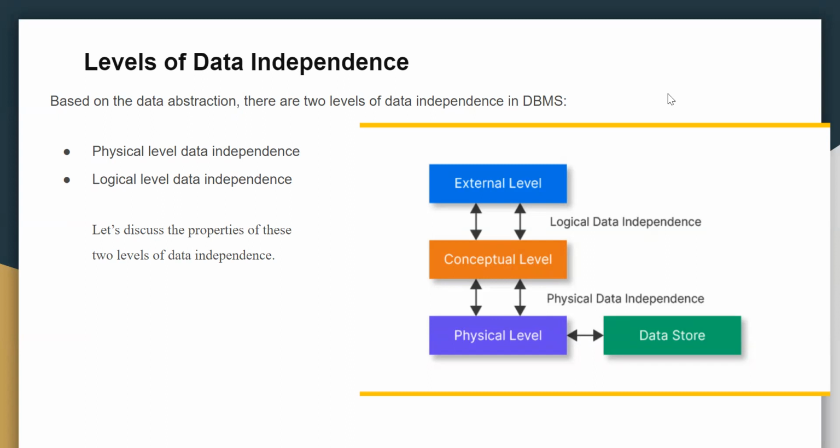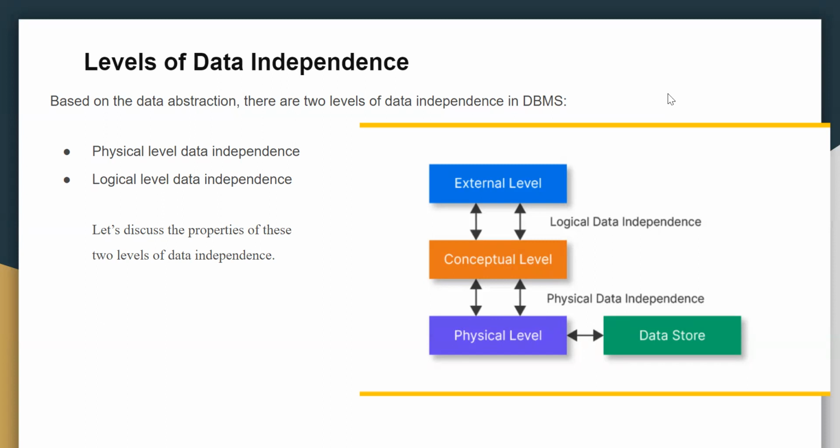We can easily retrieve data with physical data independence. In logical data independence, retrieval is very difficult because the data mainly depends on its logical structure and not its physical location.